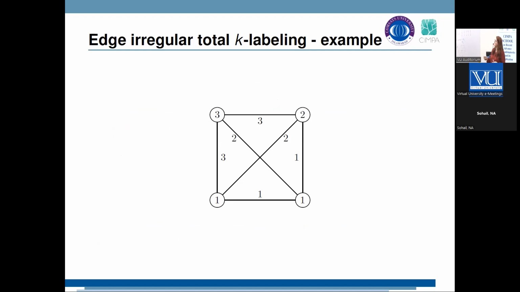We have a graph, we assign numbers to vertices and edges, and we check the weights of the edges. For example, this edge: 1 plus 3, the sum of the vertices, is 4, and the label of the edge is 3.